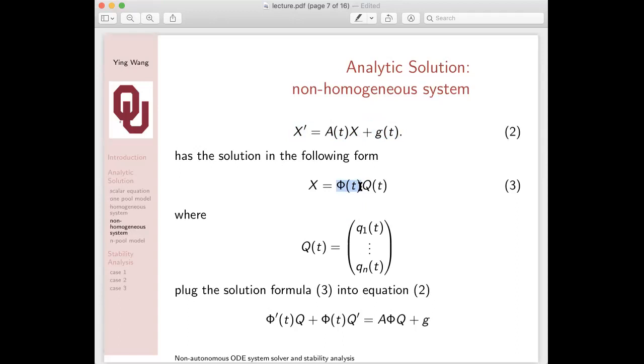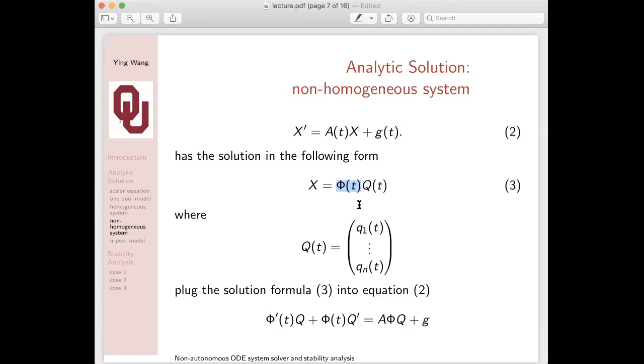By the definition of matrix vector multiplication, this will be a linear combination of all the columns here, and the coefficients for the linear combination are q1 up to qn. And each column in phi is x1, x2 up to xn. So this capital X solution will be q1 times x1 plus q2 times x2 plus all the way qn times xn.